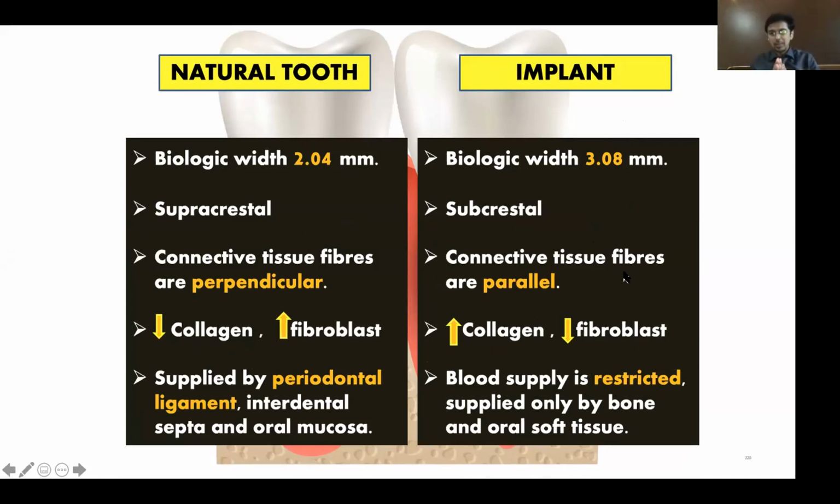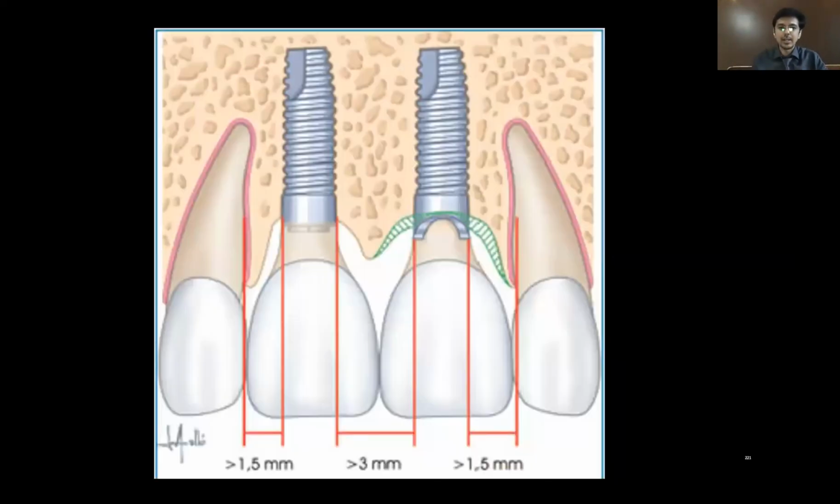So 3 millimeter is the distance. This 3 millimeter biologic width is the reason why we say a 3 millimeter distance has to be there between the implants. Okay. So a minimum 3 millimeter distance has to be there between the implants. This is actually based on biologic width. Whenever an implant is placed, it tries to form 3 millimeter of bone.